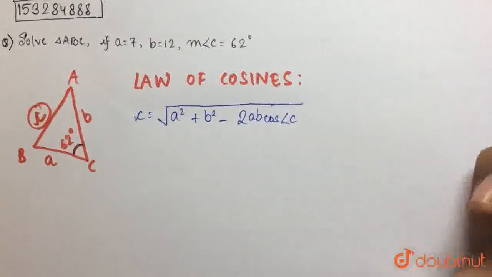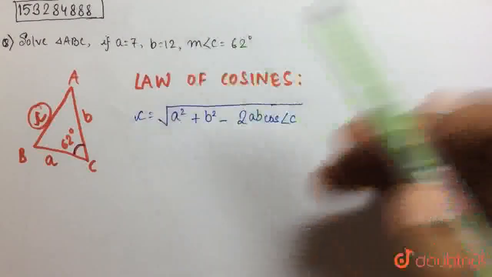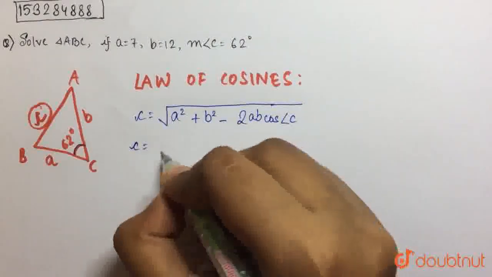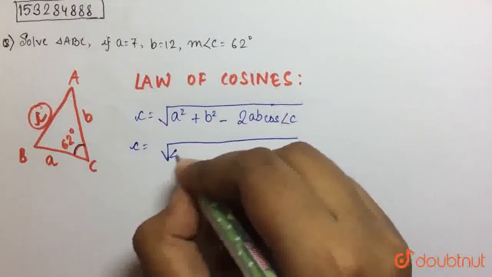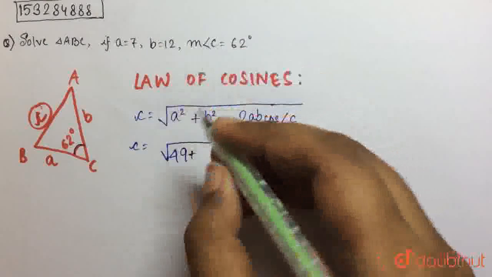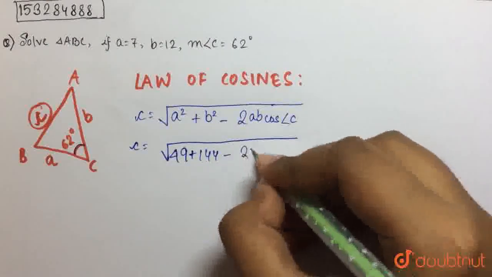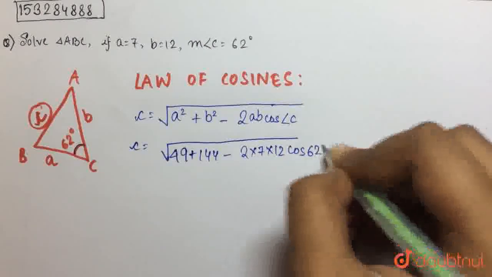Okay. Now we have the law of cosines with us. We have the value of a, the value of b, and we have angle C. So simply we will solve for c. All right. a square, 7 square, that is 49, plus b square is 12 square, that is 144, minus 2 into 7 into 12 into cos of 62 degree, right?